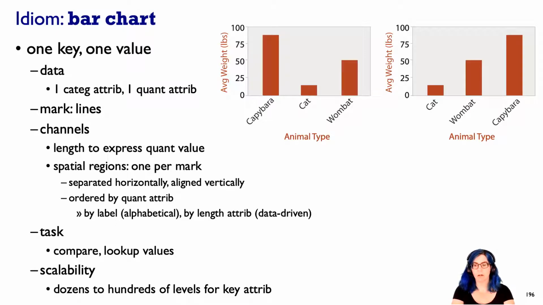In the limit, maybe it's pushing it a little bit to get all the way to 1,000 levels, because that would be 1 pixel differences, but we can definitely get to a few hundred. So it's hundreds of levels for both key and quantitative attributes for the bar chart, for both the key and the value.